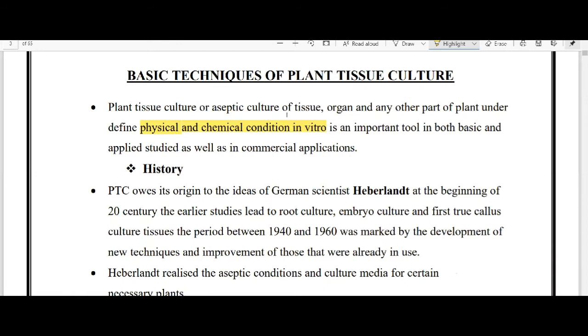So plant tissue culture is a technique by which tissues, organs, or any other part of a plant can be cultured in a definite atmosphere in which physical and chemical conditions are considered, and this is done in aseptic condition. And in vitro means inside a lab. It is widely used for study and for commercial applications also. So we will now look at the history of plant tissue culture.